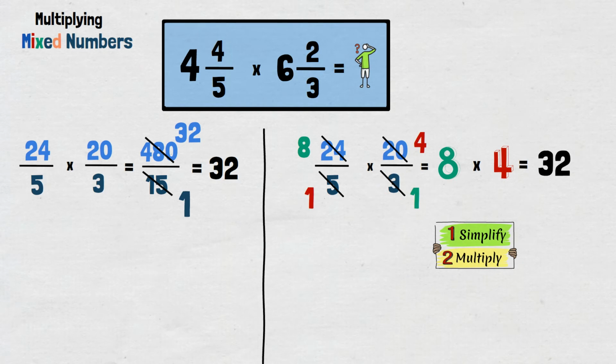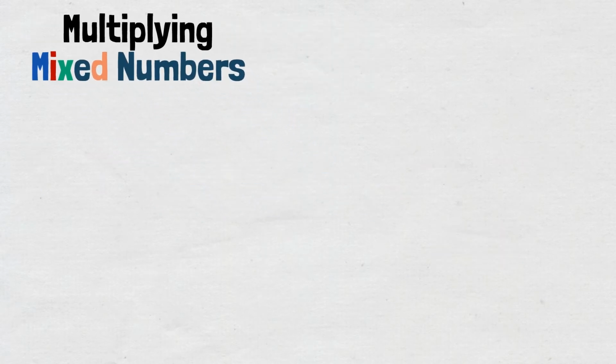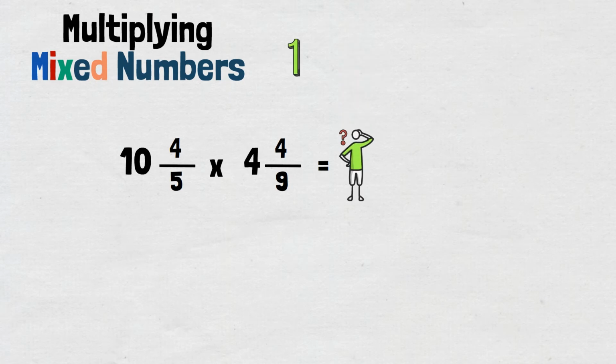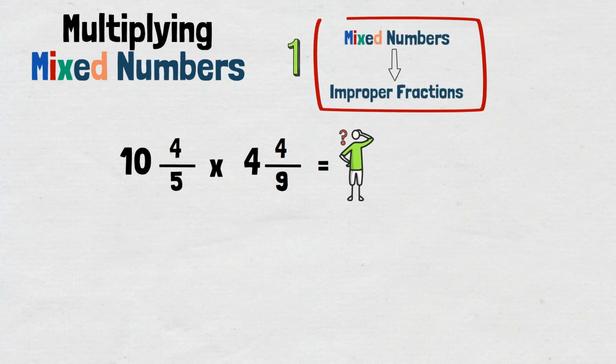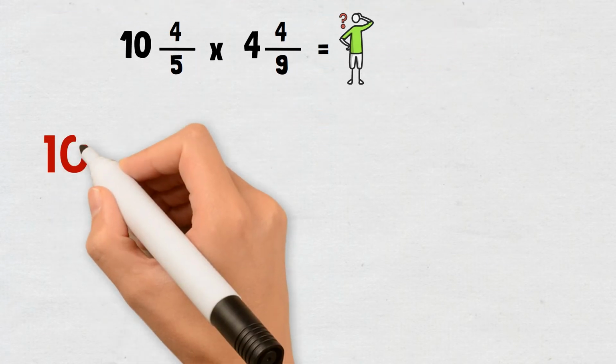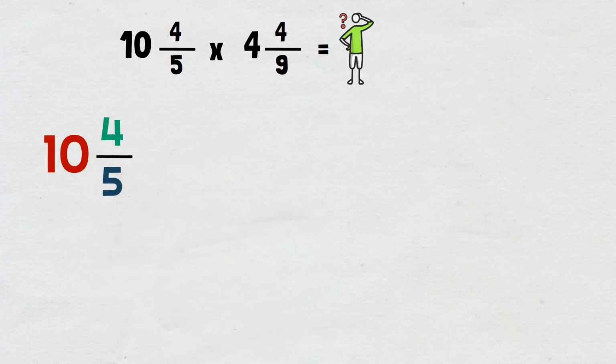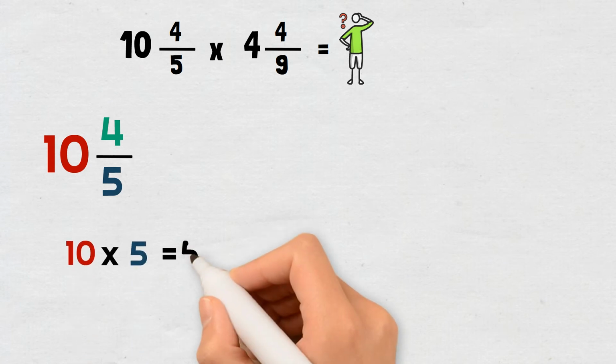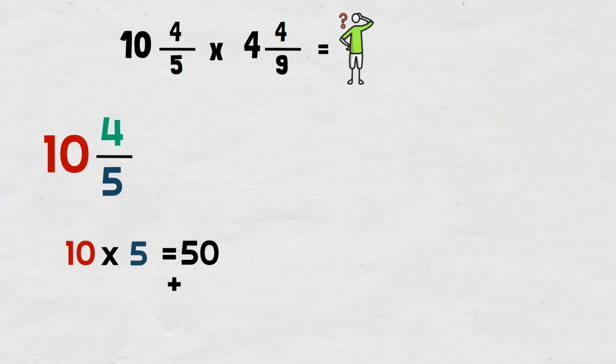Our second example is 10 and 4/5 multiplied by 4 and 4/9. Converting 10 and 4/5 into improper fraction form, we multiply the whole number 10 by the denominator 5, and we get 50. Next, we add 50 to the numerator 4 and get 54.